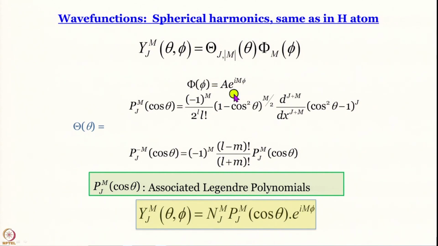What is J? J is another quantum number that comes when we work out the theta dependent part.